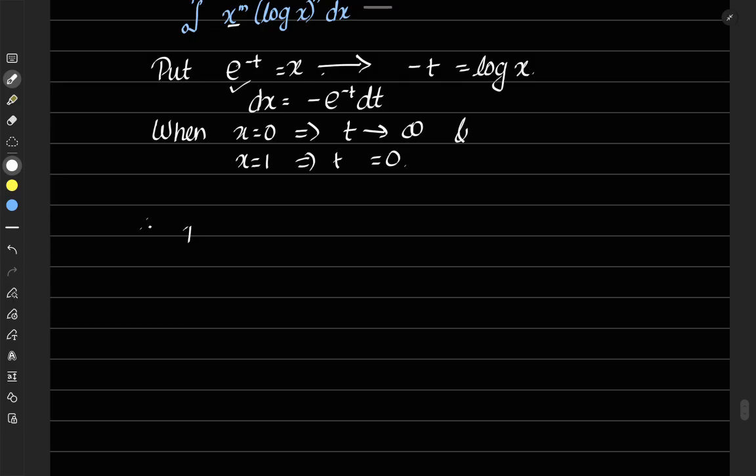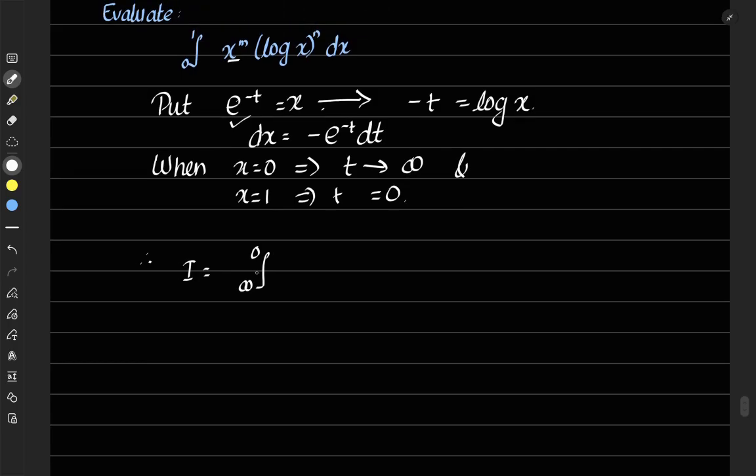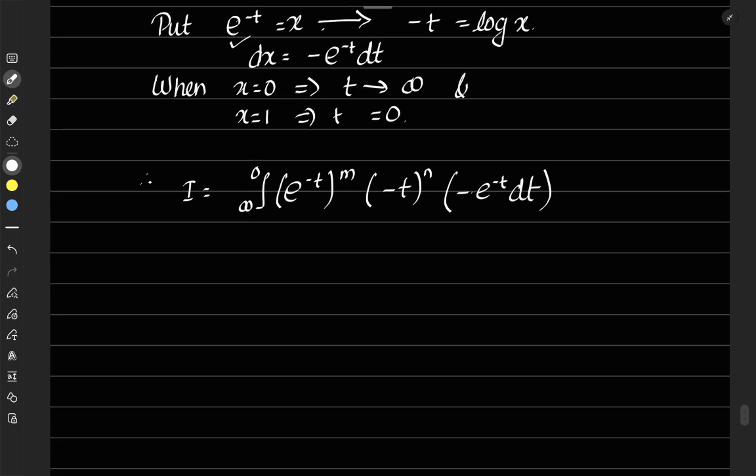So therefore our integral I changes as integral infinity to 0. Notice that this is not integral 0 to infinity, but infinity to 0, so we need to add a negative sign in this integral. This quantity will be e to the power minus t whole power m. This will be minus t power n, and dx can be substituted from this quantity as minus of e to the power minus t dt.